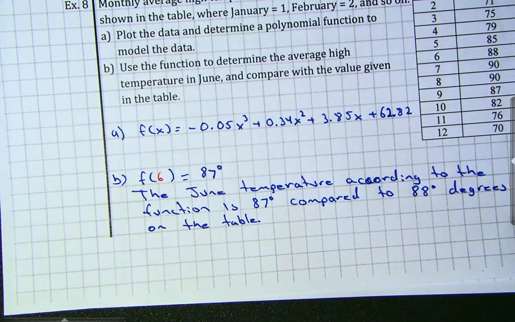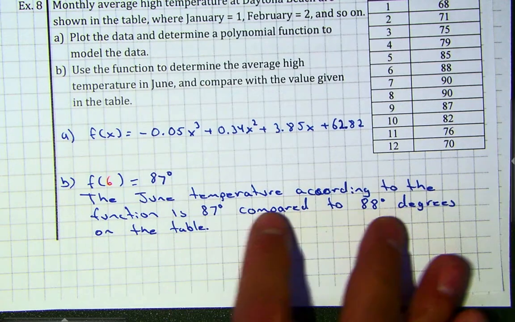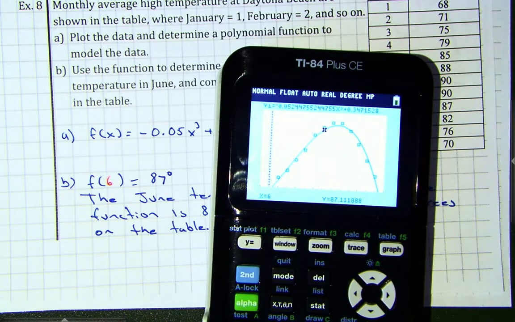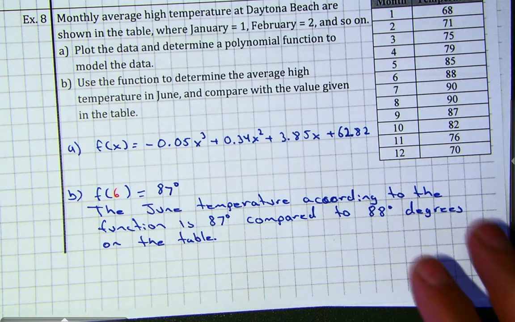So notice that there'll be a small variation. Whenever you do a regression, it's not going to go through every single point. But now, that'll be part A and B.